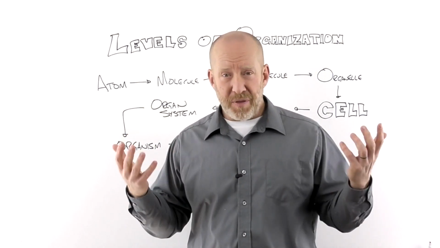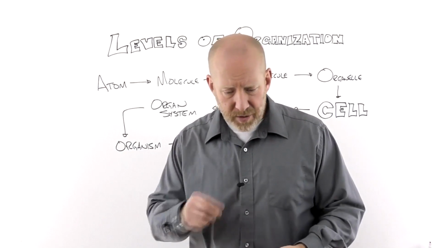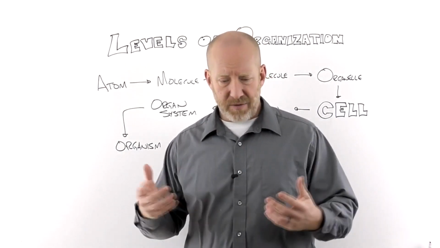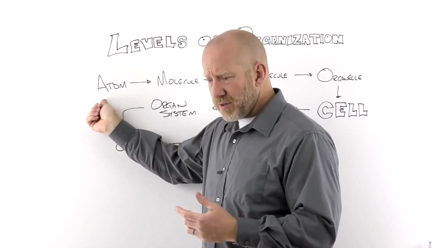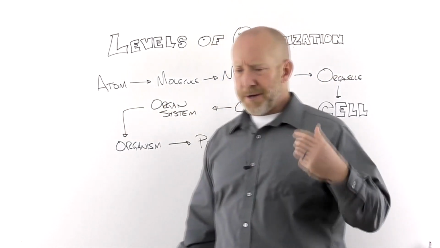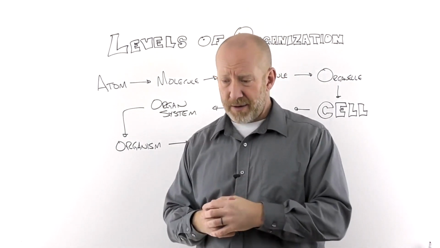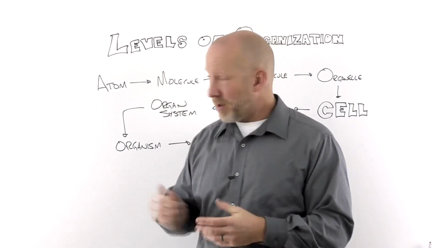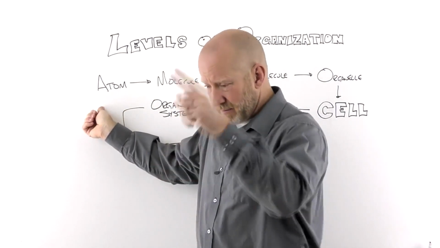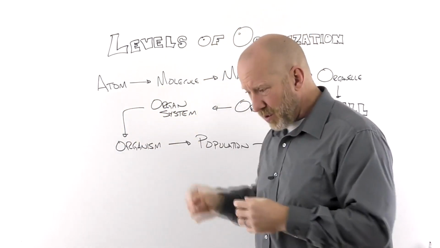Classic examples people think of right away are things like H2O, water: two H's and an oxygen. Those are all atoms, chemicals, or elements, but you bind them together and now you have a molecule. CO2 comes to a lot of people's mind, carbon dioxide, or molecular oxygen, O2. There's atomic oxygen, just O, and there's molecular oxygen, oxygen plus oxygen bound together, O2, the kind of oxygen that we breathe.